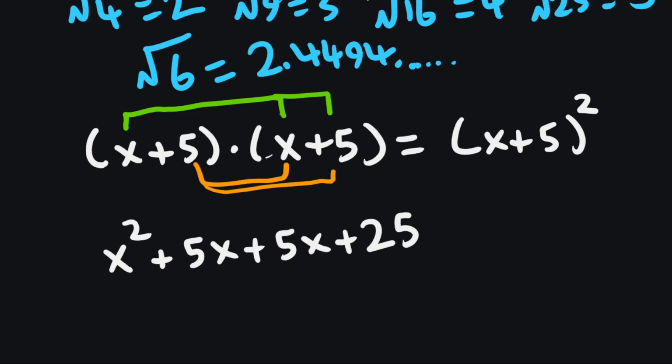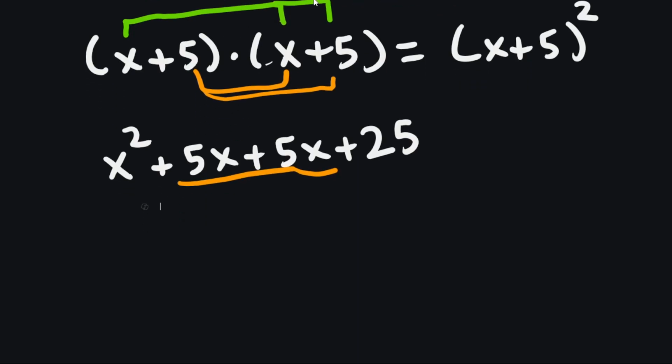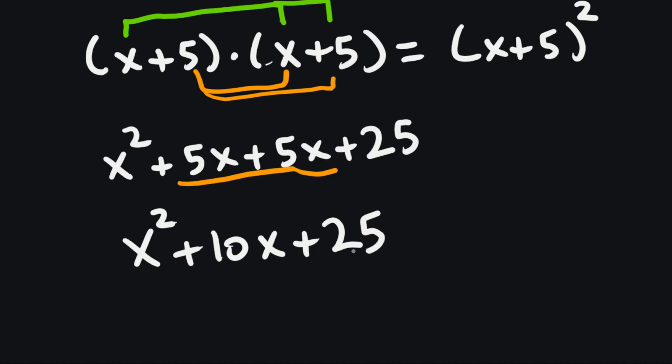And then we can combine these two like terms in the middle, plus 5x plus 5x. So our final answer is x squared plus 10x plus 25.